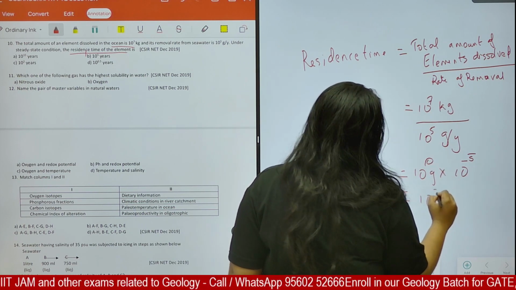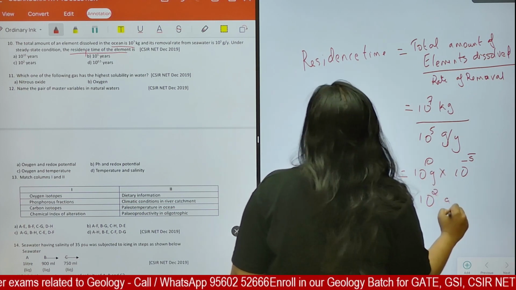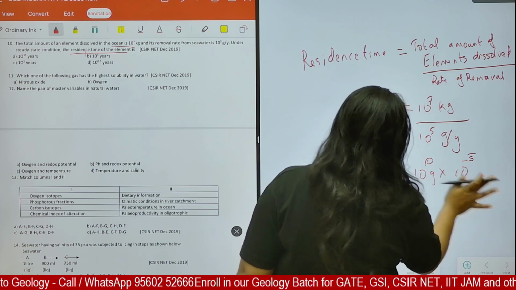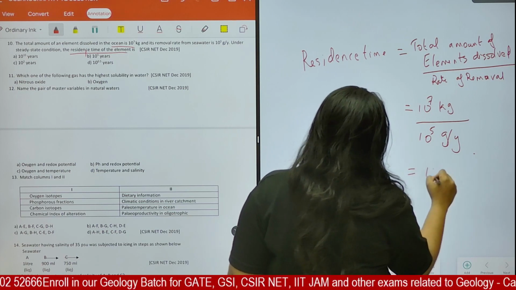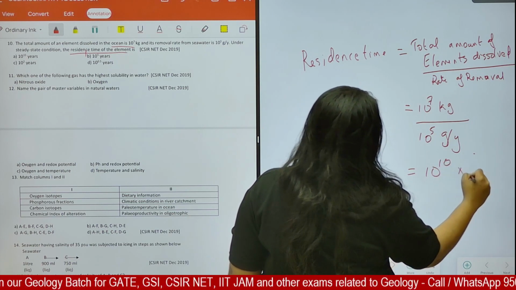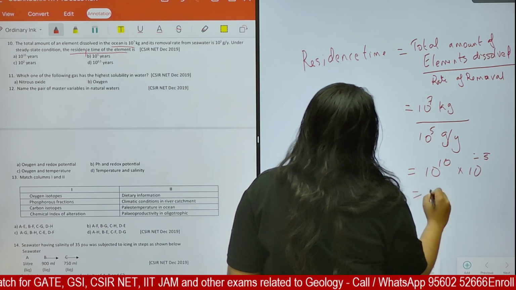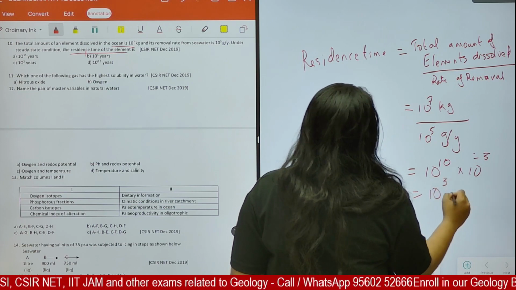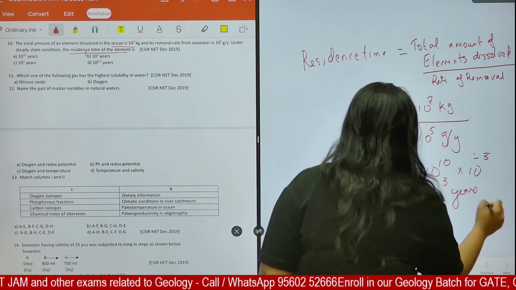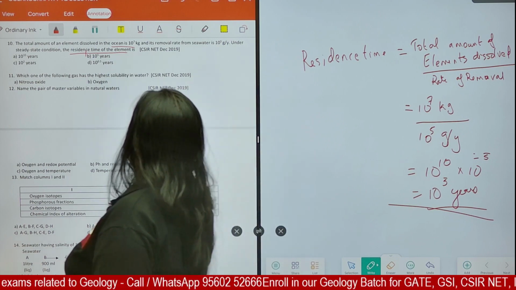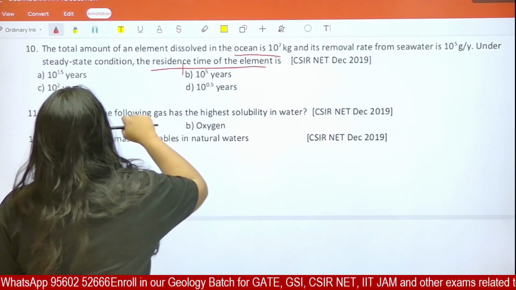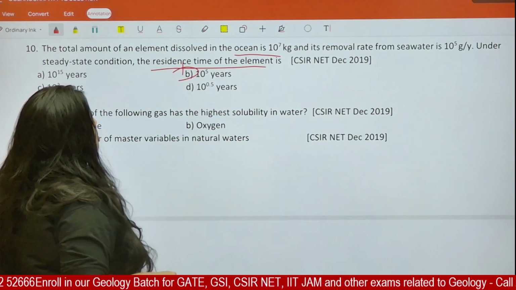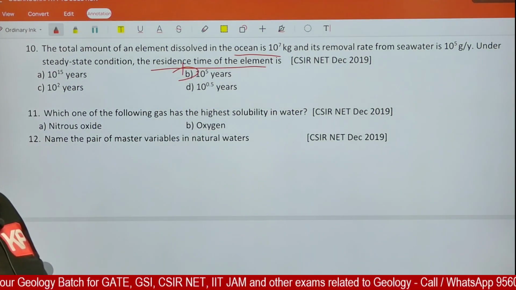So 10 raised to 10 into 10 raised to minus 5 will be equal to 10 raised to 5 years. This will be the answer. So the option will be option B. Okay, option B will be the answer.